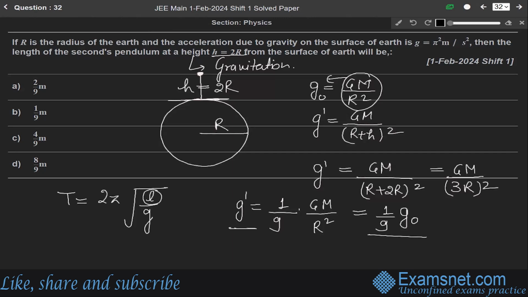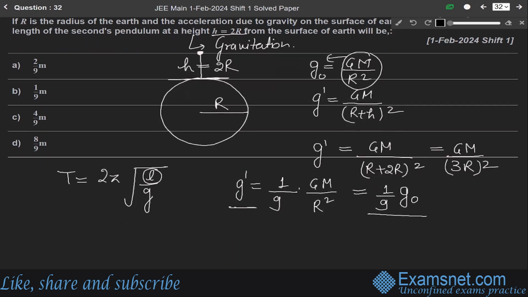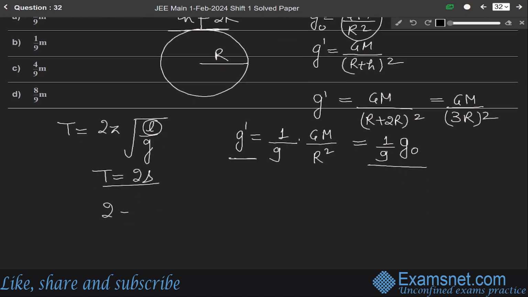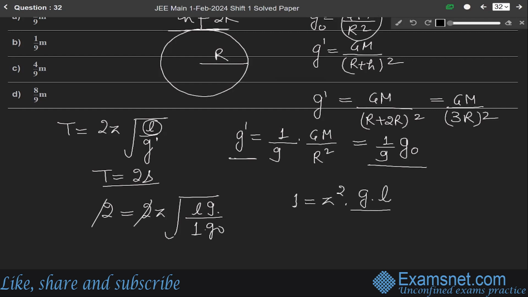We have to find the length of the second pendulum, and the time period of the seconds pendulum is always 2 seconds. Putting in the values, 2 seconds equals 2 pi under root L over g dash, where g dash is 1 over 9 into g naught. The 2 cancels, and squaring both sides, we get 1 equals pi square into L over (1 over 9 into g naught), so 1 equals pi square into 9 into L over g naught.